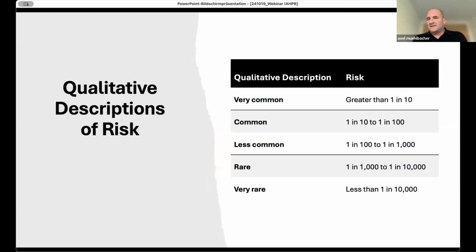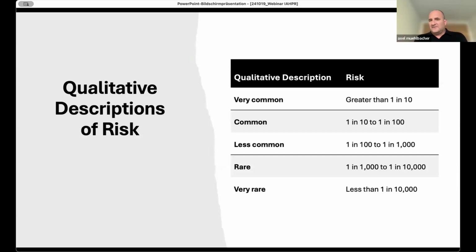We also can link the risk to a qualitative description, which is mostly done with medicines, pharmaceutical products, where side effect risks have to be communicated in a transparent and replicable manner.